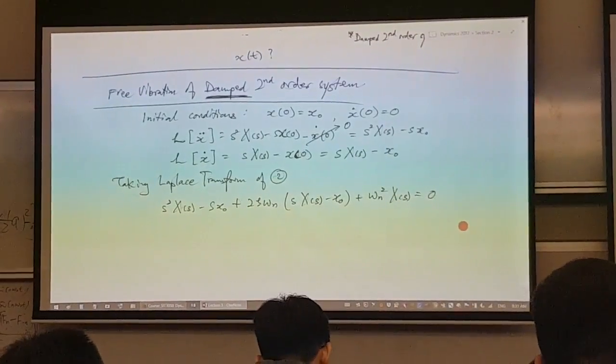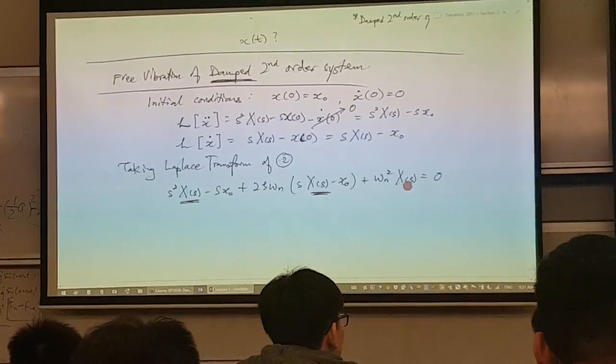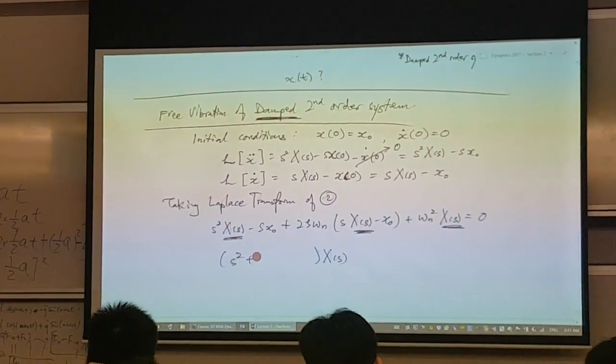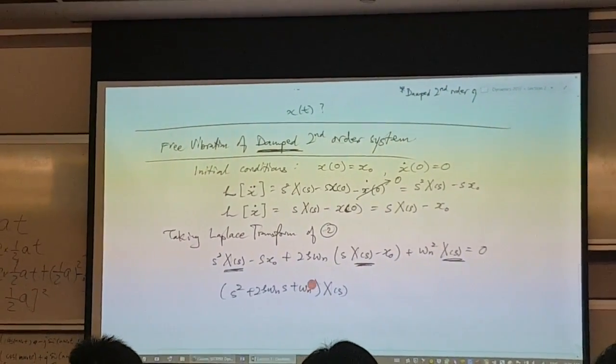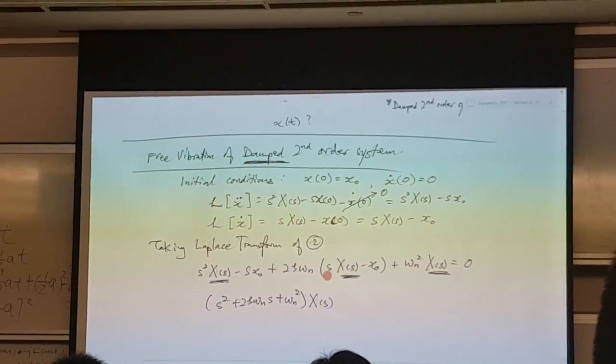So I have a common factor that I can see, this one, this one, and this one. So I'll take it all out. X(s), that will be s squared plus 2 zeta omega n s plus omega n squared. Right? If you multiply it out, you'll be able to see that.